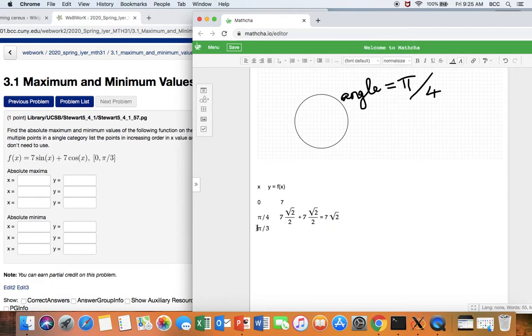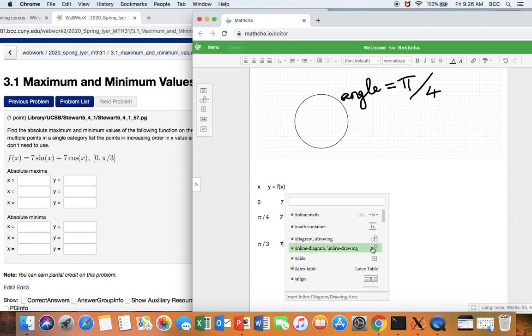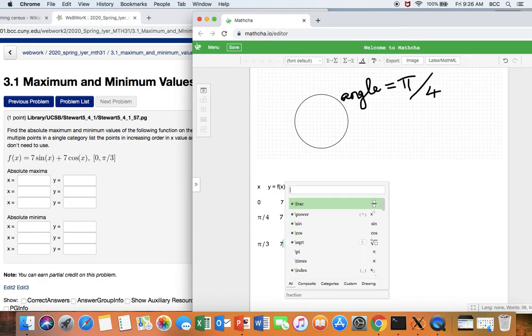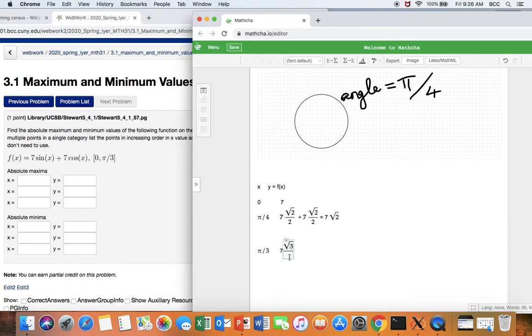Let me make some space here because that's a large looking number. Now at pi over 3, sine of pi over 3 is root 3 over 2, whereas cosine of pi over 3 is a half. So it is 7 times square root 3 over 2, plus 7 times 1 over 2.